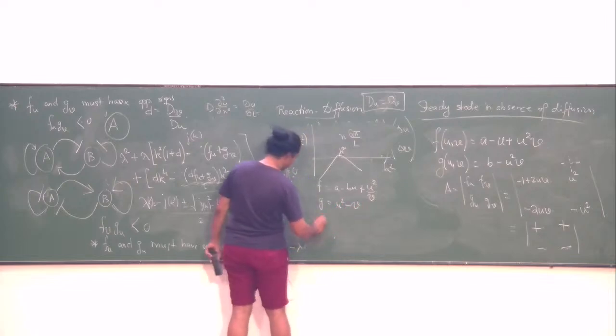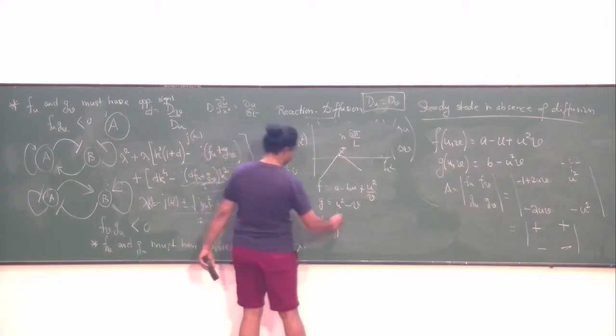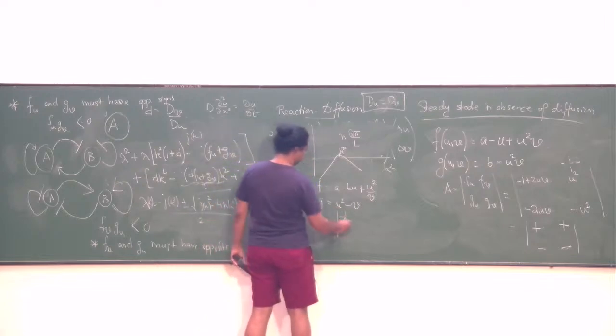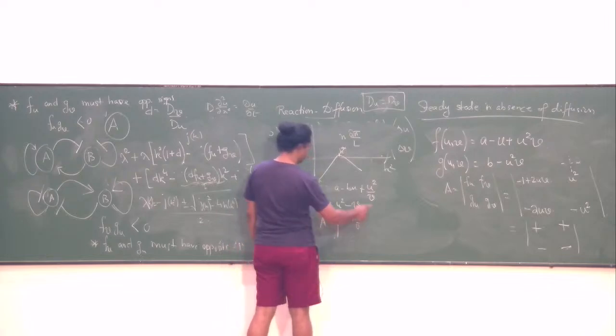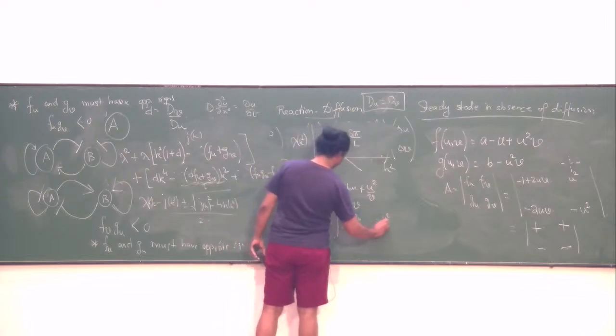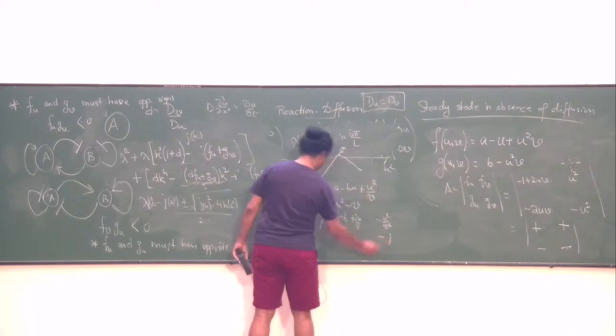So if I construct this stability matrix, A is minus V plus 2U by V, and then minus U square by V square, and then 2U, and then minus 1.